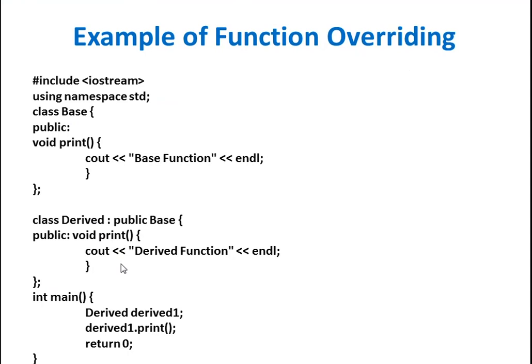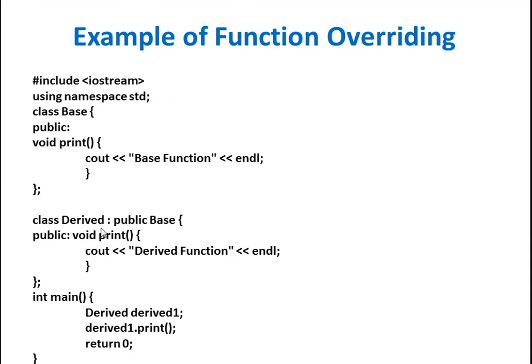But what exactly is overriding? Function overriding means that whatever is inherited from the base class, the derived class is not satisfied with the code written in the base class, or doesn't want that code, or wants its own code. So the derived class replaces that code with its own code, and that is called function overriding or replacing the function.